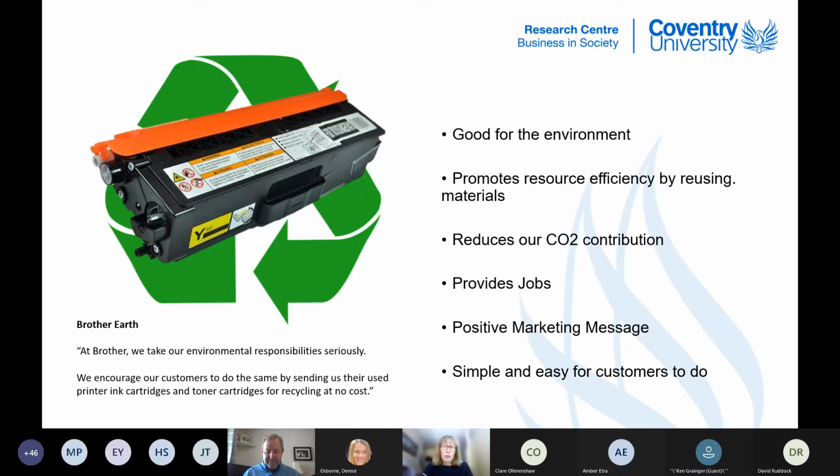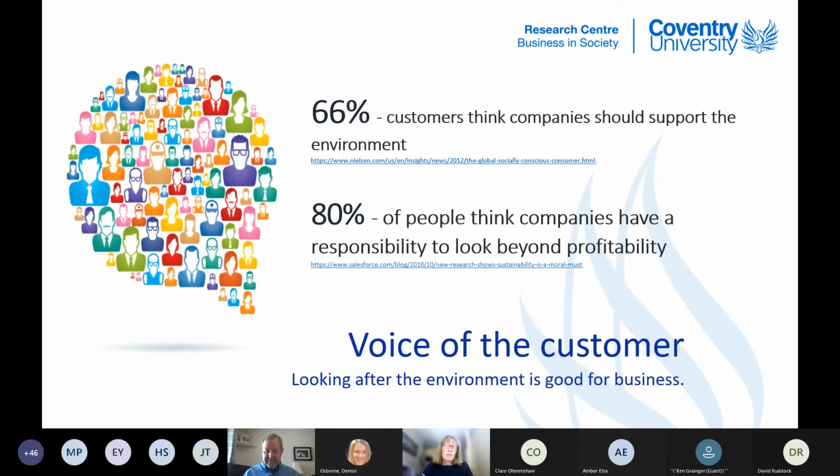So why did they start doing this? What was their interest in taking on this remanufacturing process? Well, a lot of it was driven by their customers, customers who were looking for companies who were taking responsibility for the environment and not just focusing on profits within the organisation, and who were actually really interested in taking on this whole idea of circular economy and the things that they were doing.